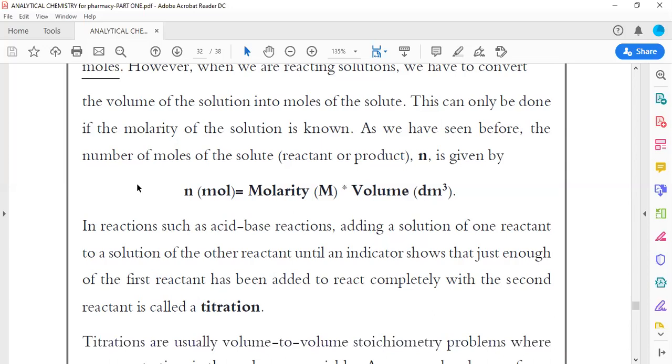Or in other words, if you rearrange this relation, molarity is number of moles divided by volume. So if you want to find out the number of moles, you need to know two things. The first is the molarity, and the second is the volume.